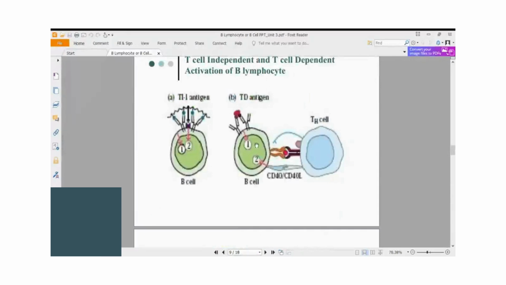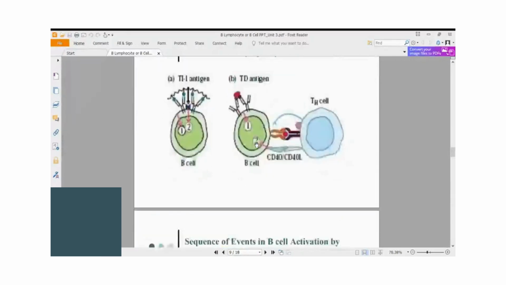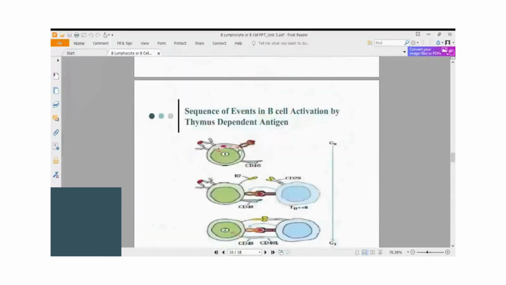Okay. Now, that B lymphocyte, which has processed the antigen, when it presents the antigen on class 2 MHC, is going to be recognized by the T cell, the T helper cell, with its receptor TCR, T cell receptor, which has an affinity for class 2 MHC, and it receives the signal from the class 2 MHC by forming a conjugate with that.